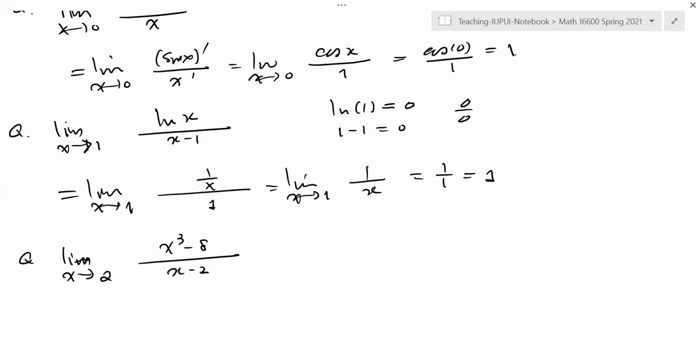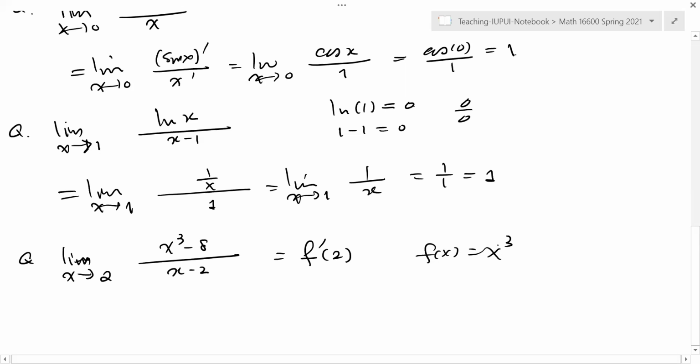By definition, this is actually the derivative of x cubed when x equals 2. So this is actually going to be f prime of 2, where f of x is just x cubed. By definition, the derivative f prime of 2 is going to be f of x minus f of 2 divided by x minus 2.